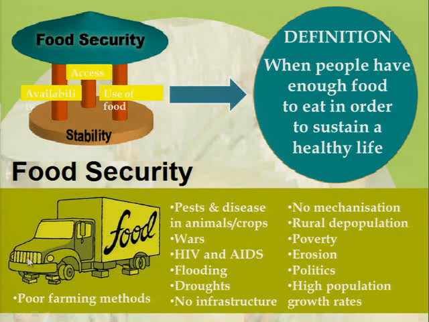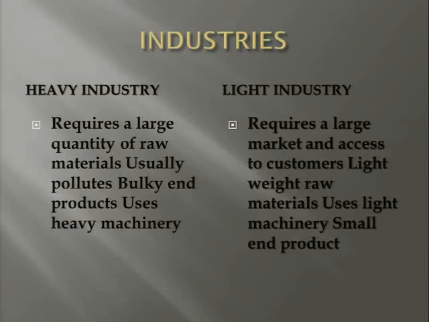There's poor farming methods. There's all these factors that we have tabled. Pests, wars, flooding, no infrastructure, no mechanization, rural depopulation, poverty, erosion, high population growth rates. They result in food insecurity.